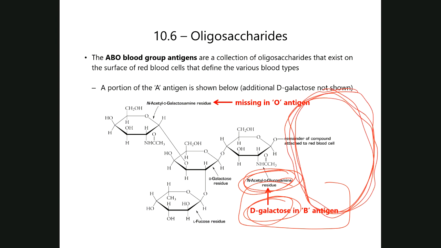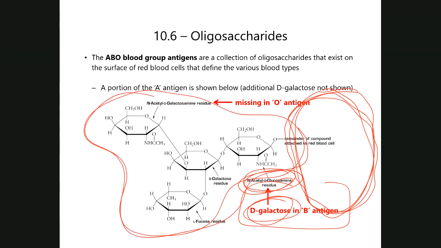But this little piece is kind of like a little antenna that's on the surface of the red blood cell, like a little hand that's sticking out, right? And then depending on how many fingers that hand has, is how it's identified and that's what then classifies it as A or B or O. And if you're group AB, then you have both of them. You have both the A and the B antigen.